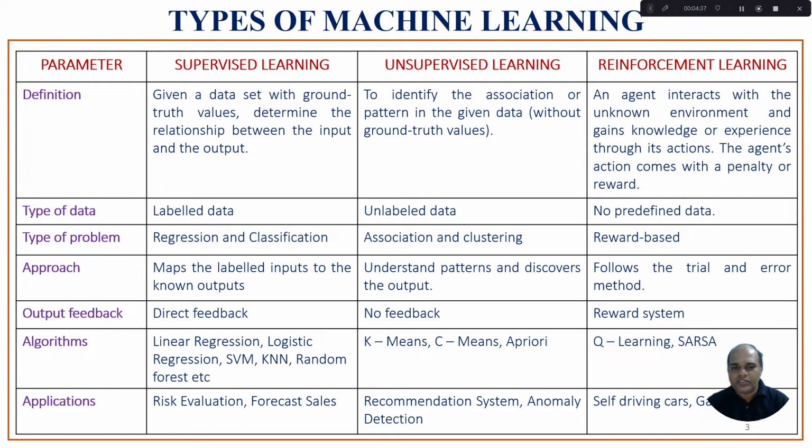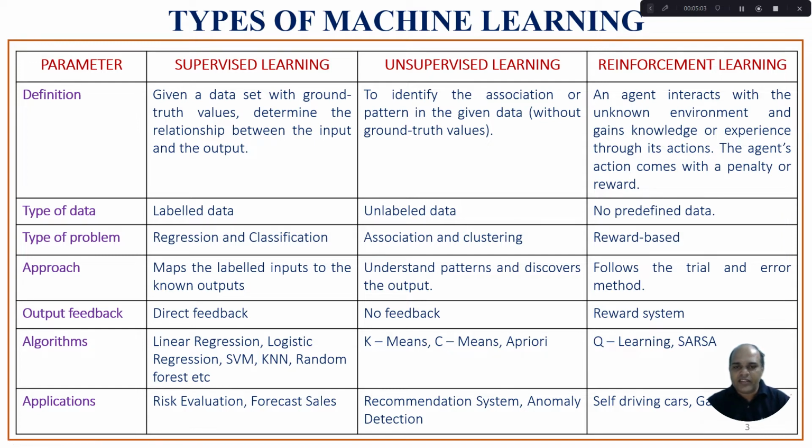We don't start with an initial training process. We try to explore the environment by taking some actions. Each action taken by the agent in an environment comes with a reward or a penalty.